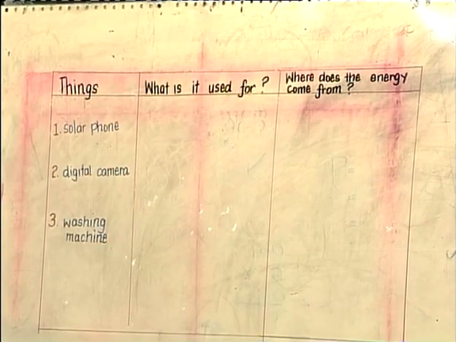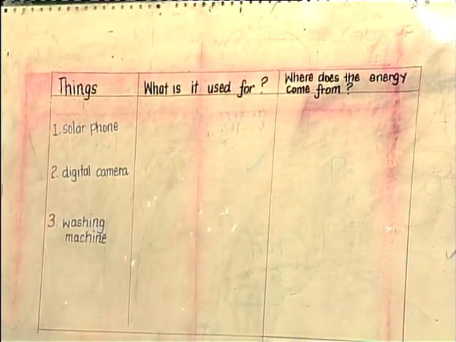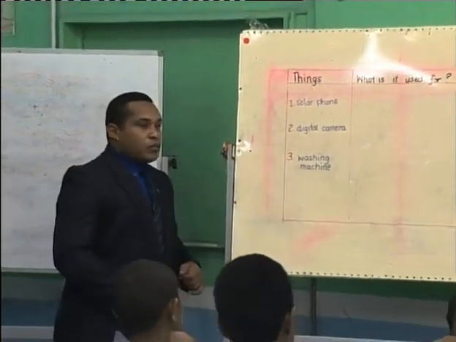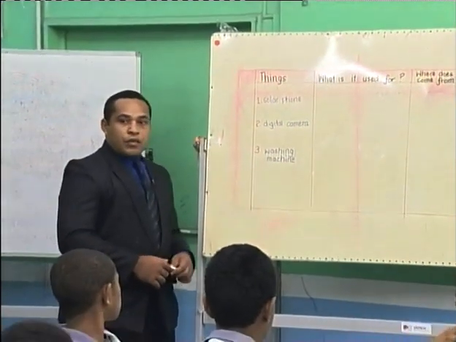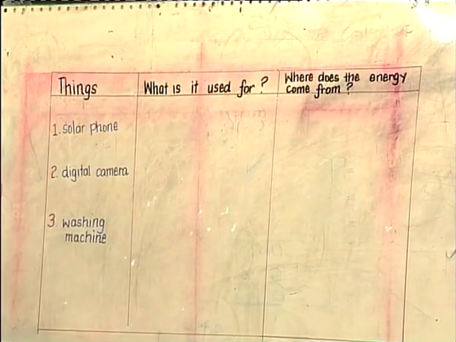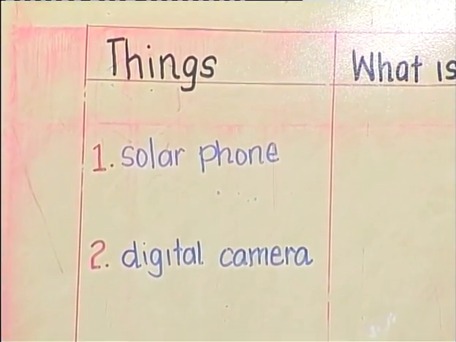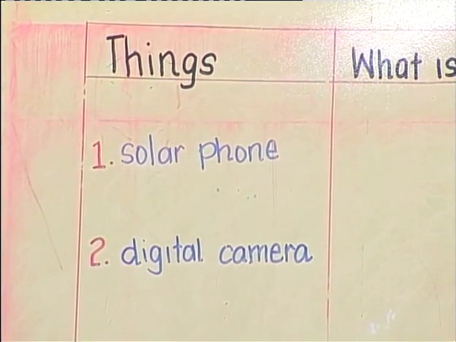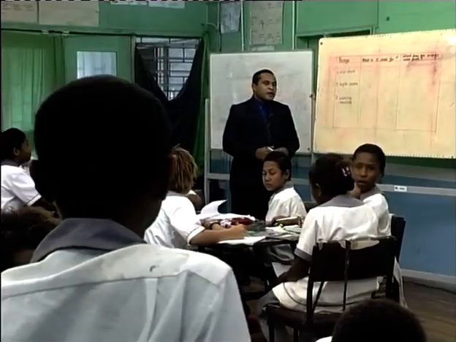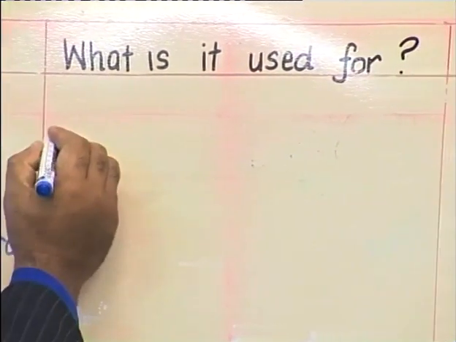All right, receiving students and 6C, by now you should have completed your discussions. Okay, let's look at number one, solar phone. What is it used for? Fred? Communication. Very good. Solar phone is used for communication.